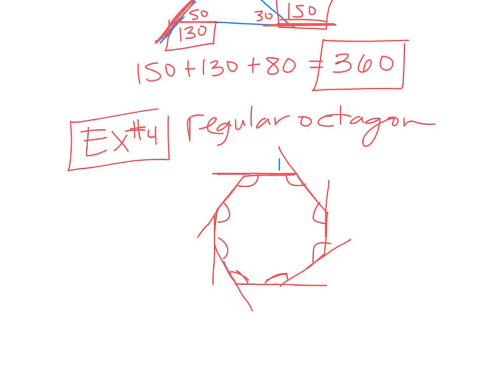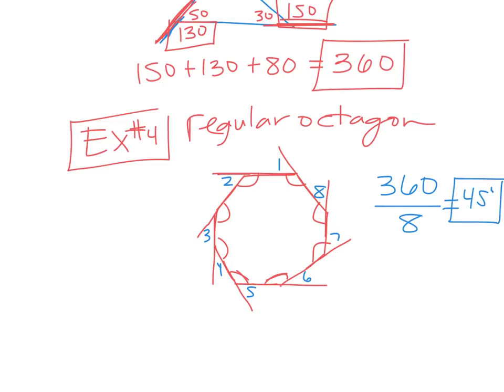So if the exteriors have to add up to 360, and there are 1, 2, 3, 4, 5, 6, 7, 8, right? Because we just do one exterior from each vertex. Then we should just be able to say 360 divided by 8 will give us what angle 1 works out to, right? 360 divided by the number of angles. So that comes out to 45 degrees, okay?